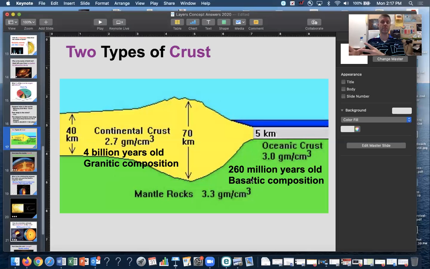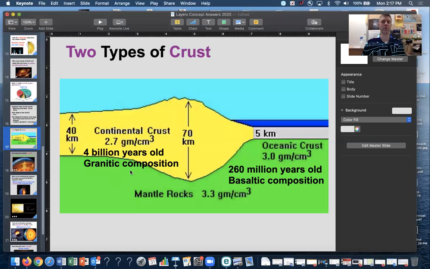It has some different stuff in it. And because it has a different composition, it's kind of its own, separate thing. So basaltic composition tends to be more dense because it has more metal in it. It tends to be darker in color. So those are the two main types of composition.